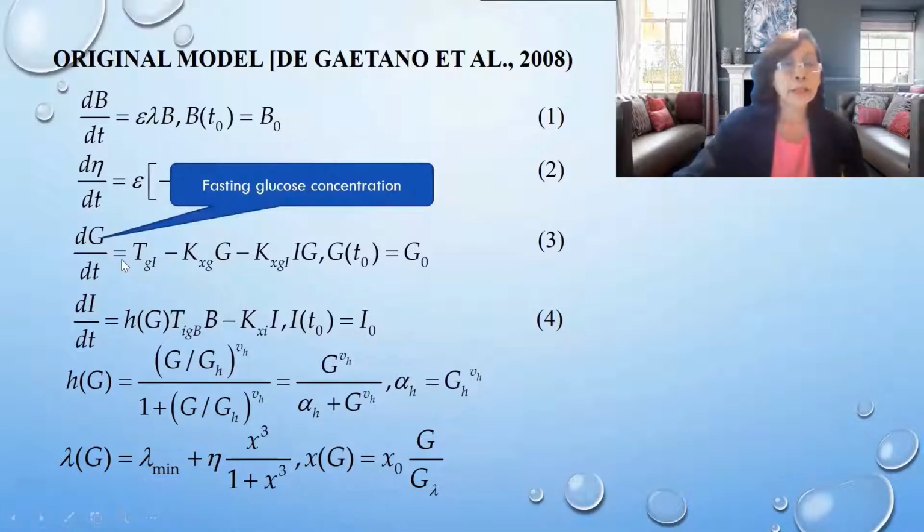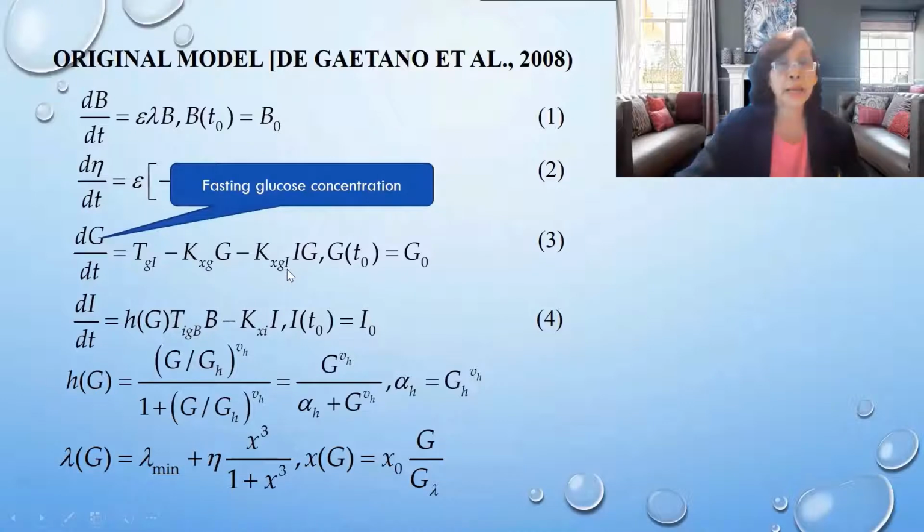The third equation gives the rate of change of fasting glucose concentration G. T sub GI is the rate of liver glucose output. K sub XG is the first order insulin independent glucose tissue uptake rate.